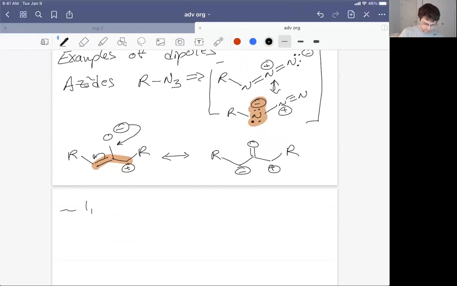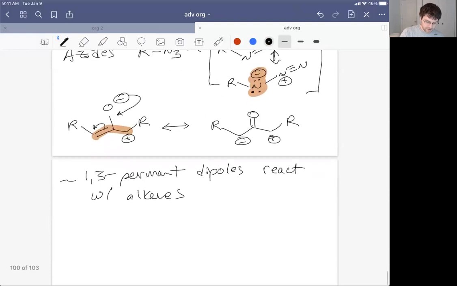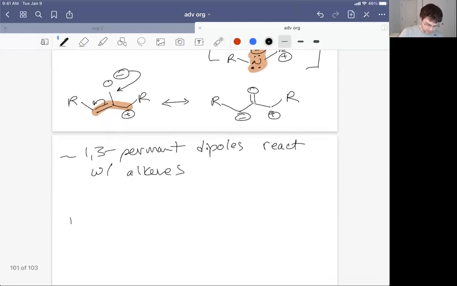So we say 1,3 permanent dipoles often just react with alkenes. And so the reaction looks like this. We take our dipole, and I'm going to pick the system shown here.